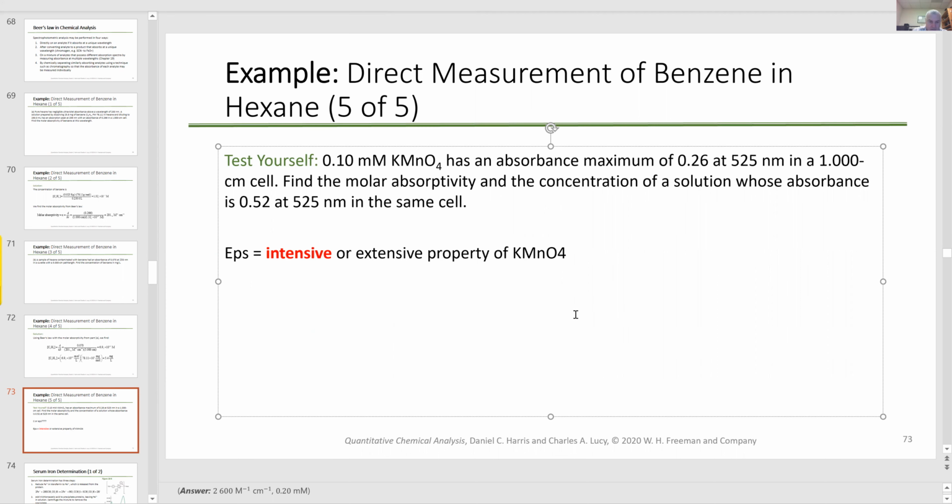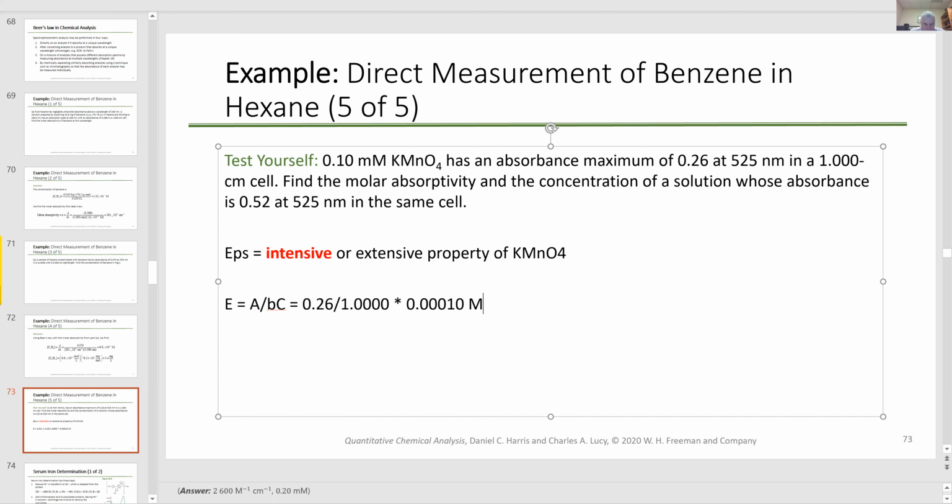Okay. So first we calculate epsilon, right? Epsilon is equal to A over BC, equals 0.26 over 1.000 times 0.00010 molar.